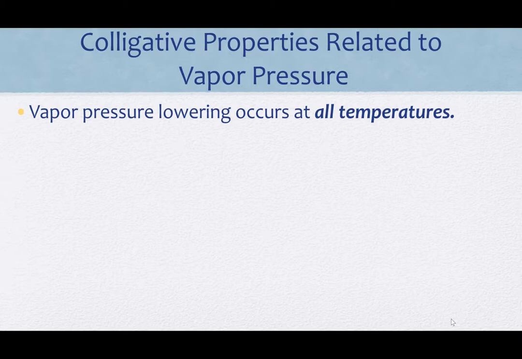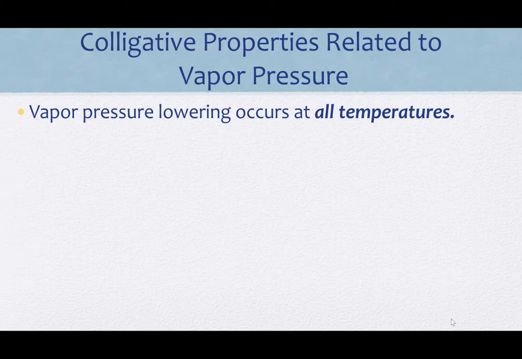That's why molecules in the middle of our solution have the ability to bubble out, turn into vapor, rise to the top and get released. So vapor pressure is the same as external pressure. Well, with vapor pressure being lower due to colligative properties, so now we're talking about the vapor pressure of a pure solvent versus the vapor pressure of a solution, the vapor pressure of that solution is lower.